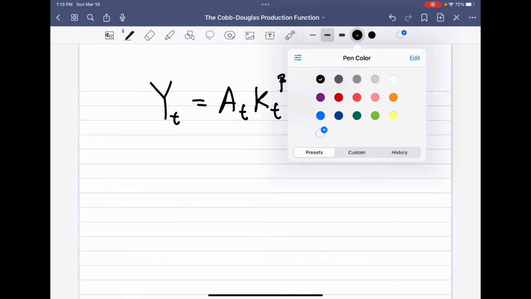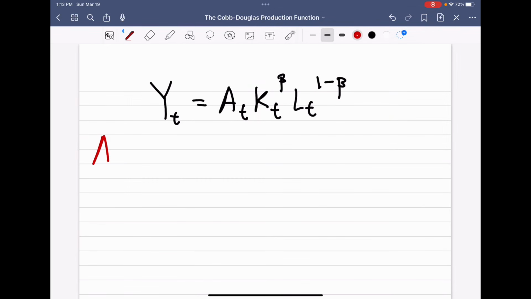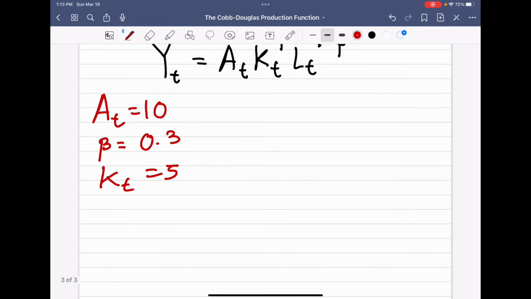Now let's assume that our multi-factor productivity A_t is equal to 10, our beta is equal to 0.3, and let's suppose our K_t, our capital input, is 5, and our labor input is 100.